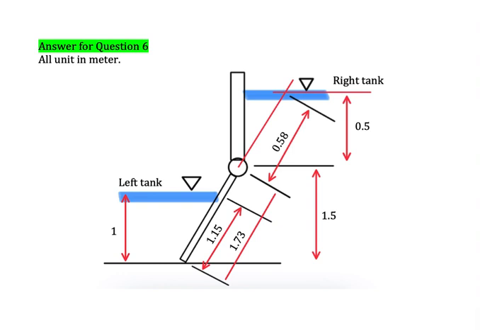For example, the distance from this free surface to the end is 1.15, and from the hinge to here is 1.73, and then the heights are 1.5 and 0.5. These two values are given in the question.